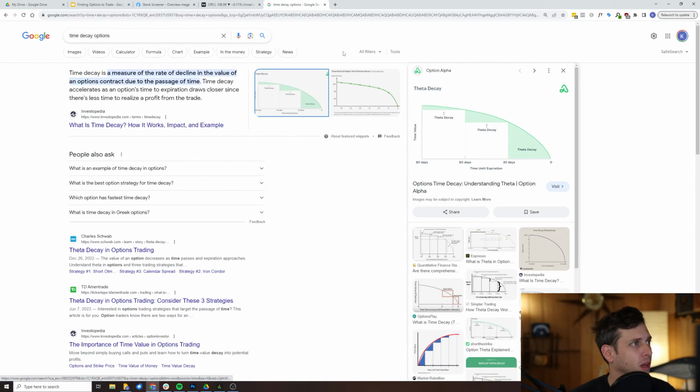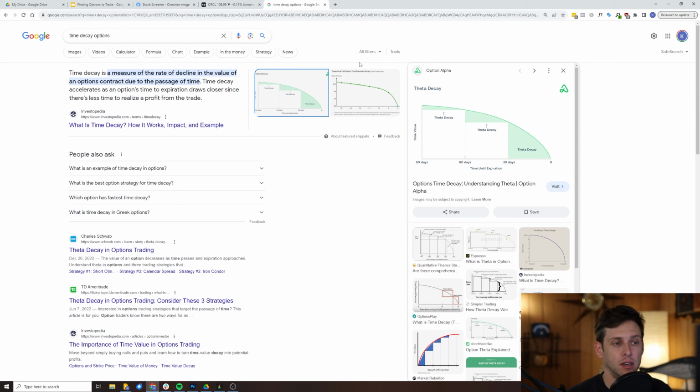Yes. Okay, so that brings up the question of what expiration we want to look at. Now, this is a hot topic. If you're on the internet at all, you've seen stuff about 0 days to expiration options. The thing you have to be careful of is that the value of an option is made up of a couple things.